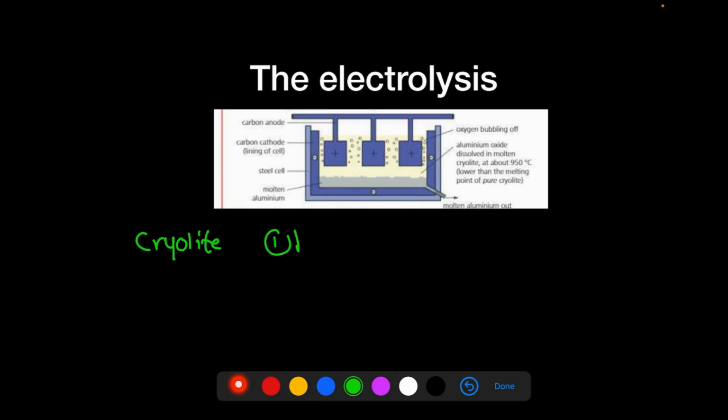So firstly, it reduces operating temperature to 1012 degrees Celsius, which we need not mention, and the solution becomes a better conductor than aluminium oxide.